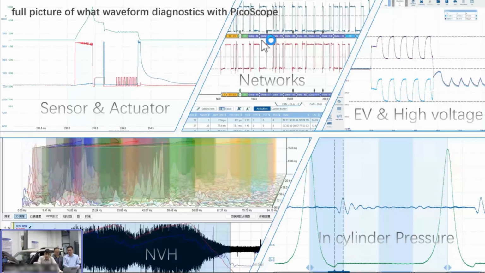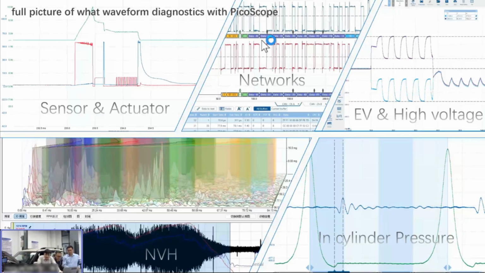PicoScope can capture insulation monitoring waveforms, inverter switching signals, and high voltage battery behavior that are invisible to a standard scan tool. We will cover this in a dedicated session because safety knowledge is non-negotiable here.